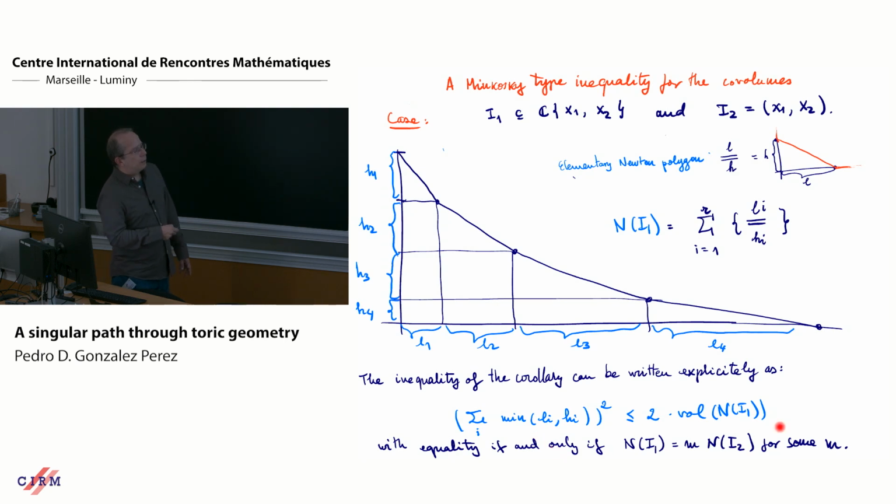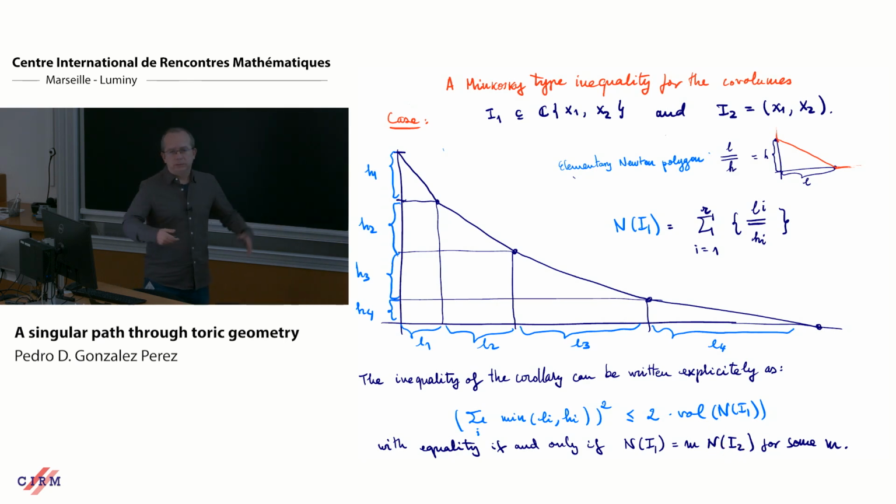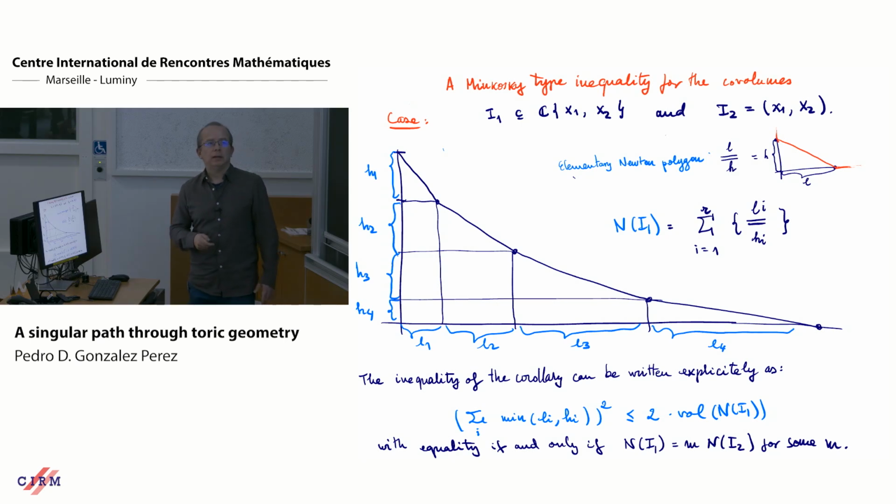And the case of equality is also characterized: when the Newton polygon of I1 is homothetic to the Newton polygon of I2, so some simplex homothetic to the standard simplex.